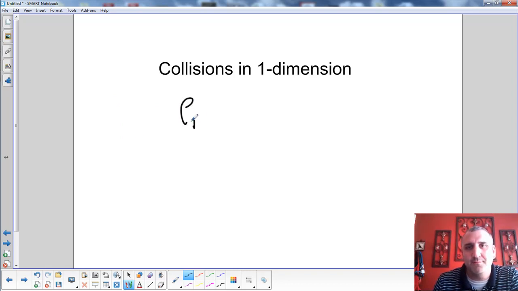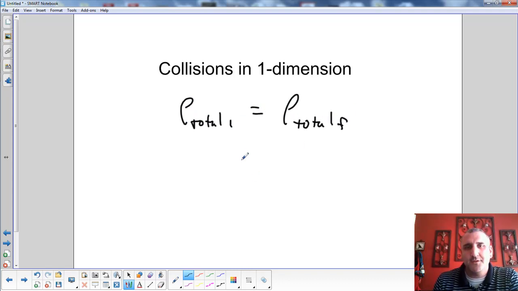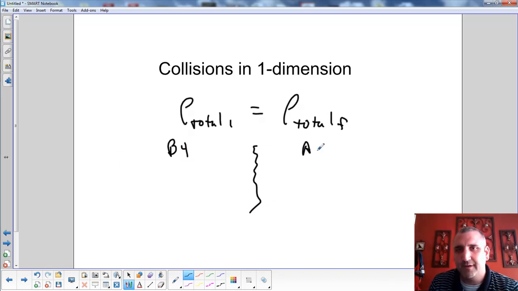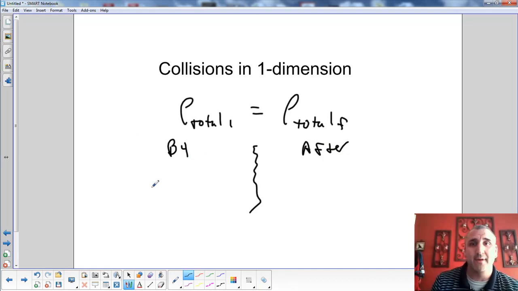So P total I equals P total F. Whenever I see a momentum problem, I'll always draw a little squiggly line and split it in half. Before literally means before these two objects collide, what's happening? And after signifies what's happening after these two objects have collided.